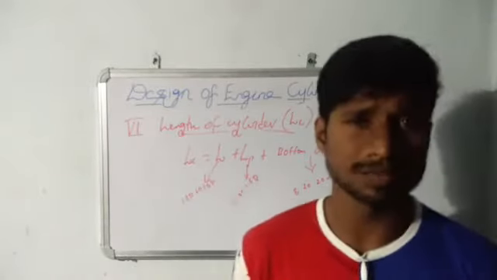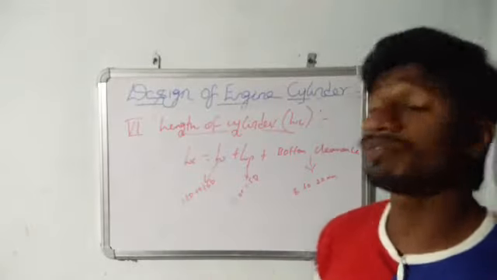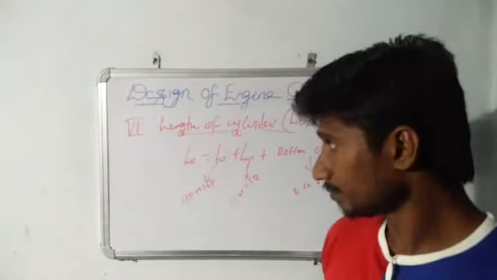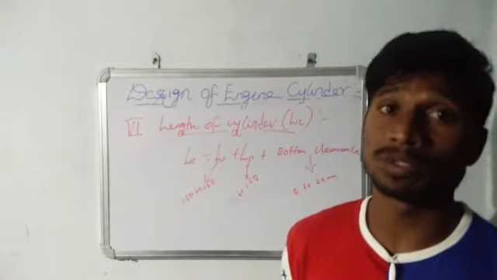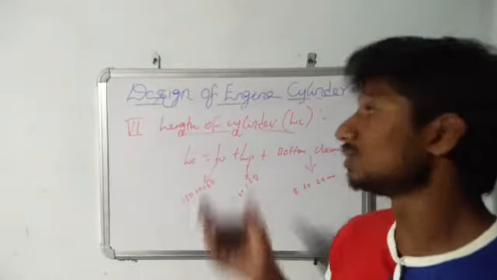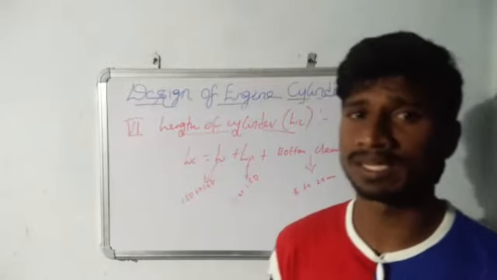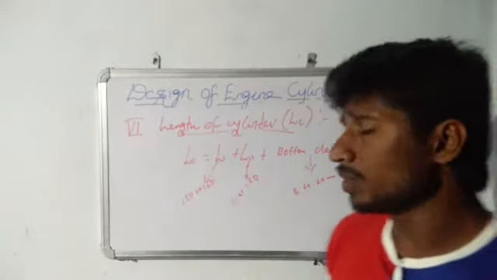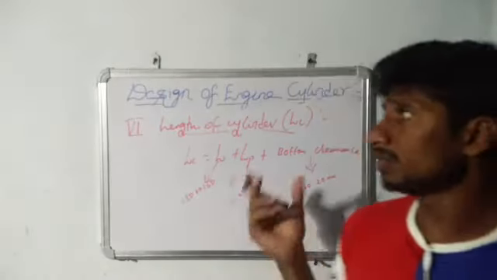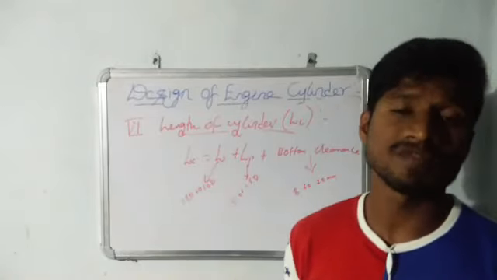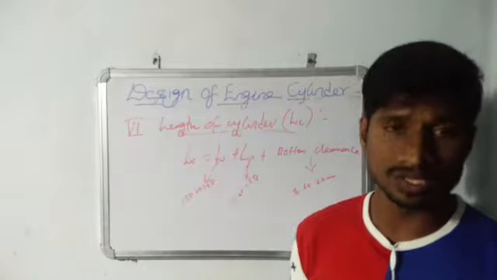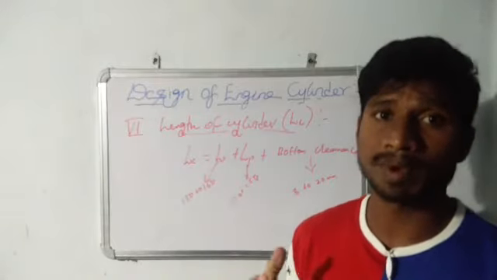So these are the steps involved in the design of the engine cylinder. In the next class we are going to solve one practical problem related to the design of the engine cylinder. Some assumptions are involved in this design, and it is not easy to remember all types of assumptions.